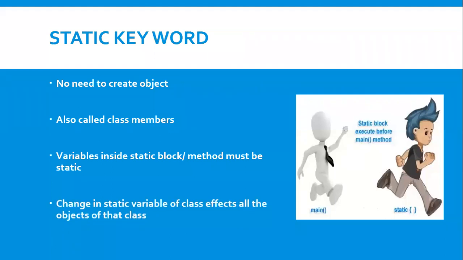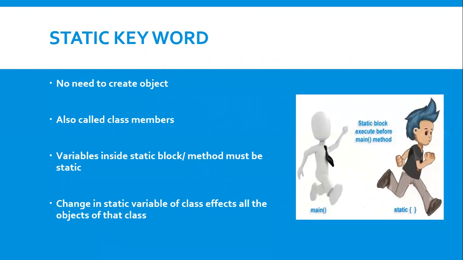So changing the static variable of a class affects all the objects of that class. One more thing you have to observe: we have two types of members in Java classes, instance members and static members. Instance members are independent and static members are dependent.